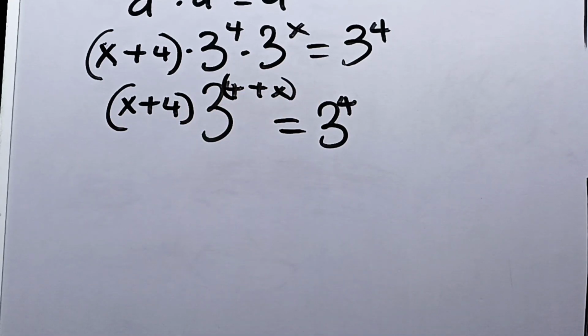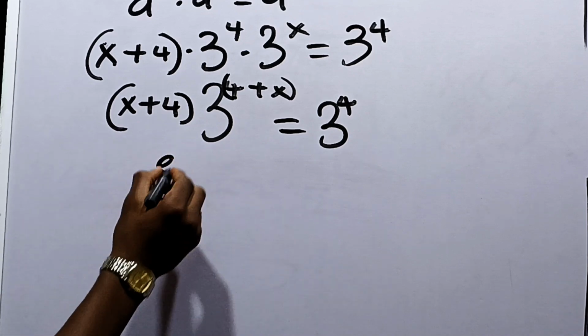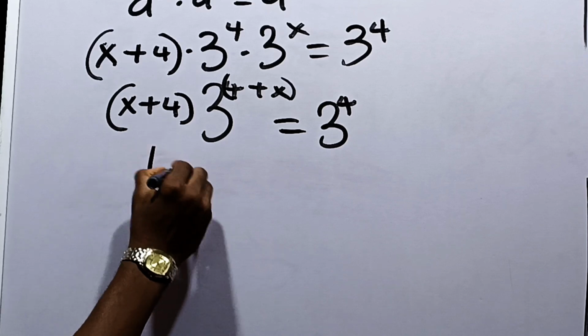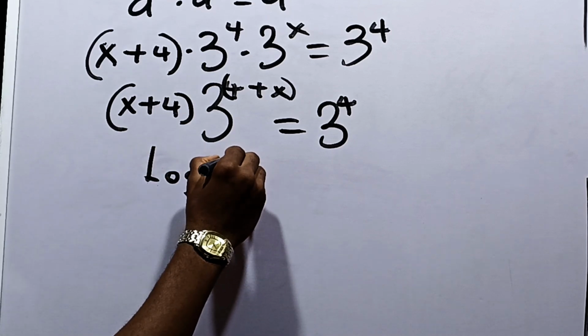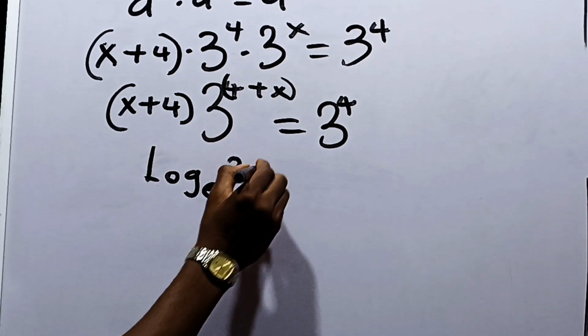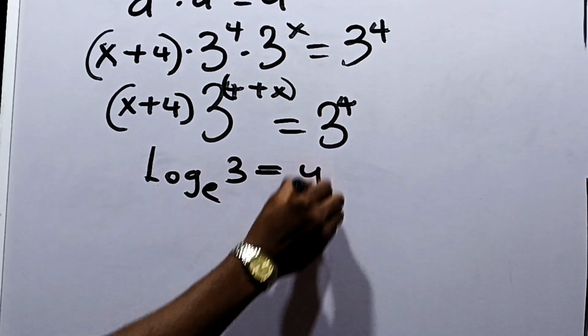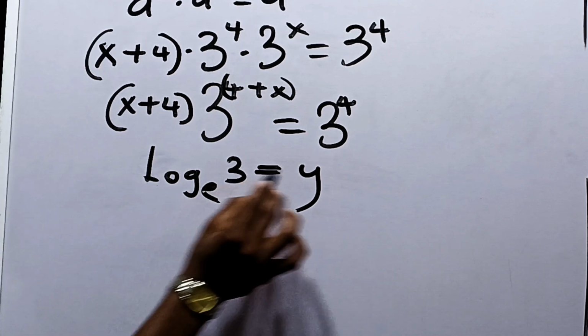Now, but recall that we want to put in e and not 3. So we're going to say something. We're going to say that when we have logarithm to base e of say 3, okay? So this 3 here, it's equal to y. Alright? Now for logarithm, recall that you have to do e raised to power y, alright?